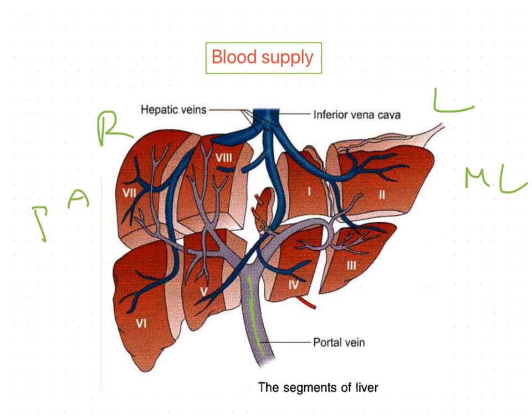So here the segments on the right side are right upper anterior, right upper posterior, right lower anterior, and right lower posterior divisions, whereas on the left side it is left upper medial, left upper lateral, left lower medial and left lower lateral.